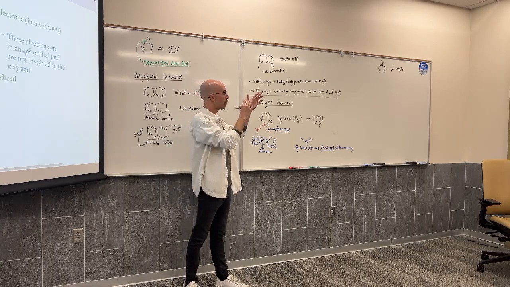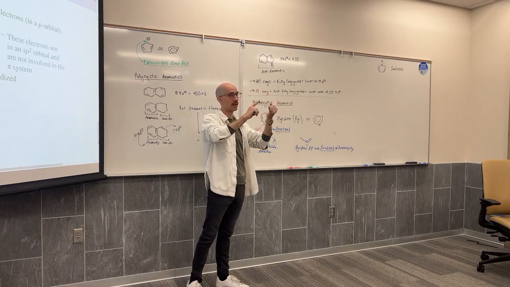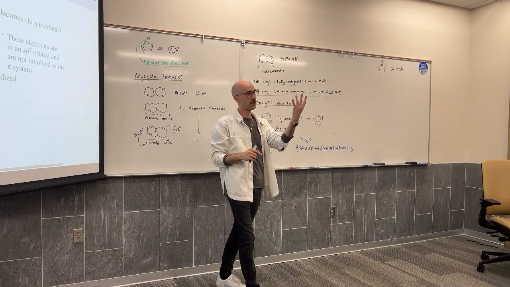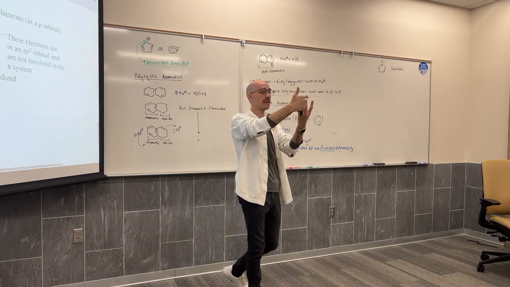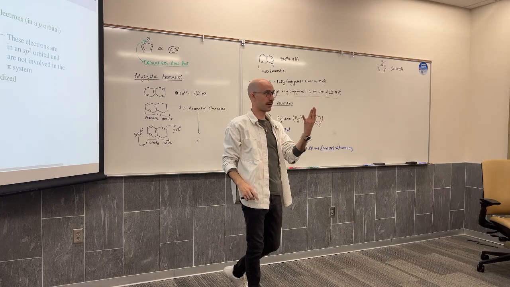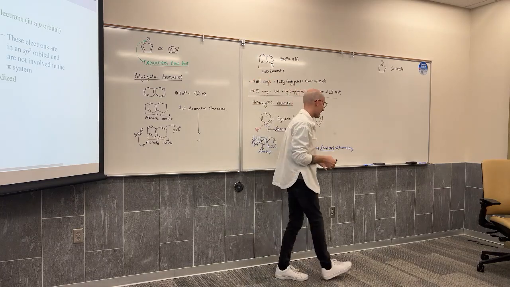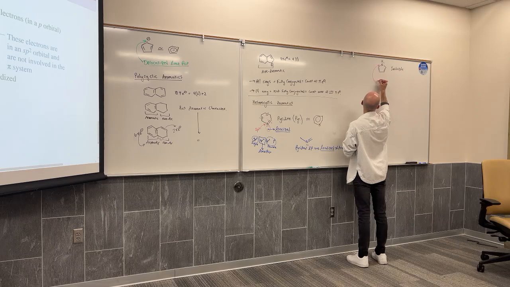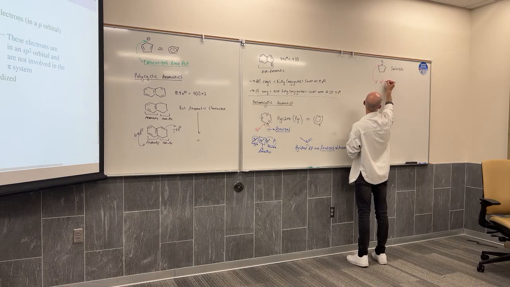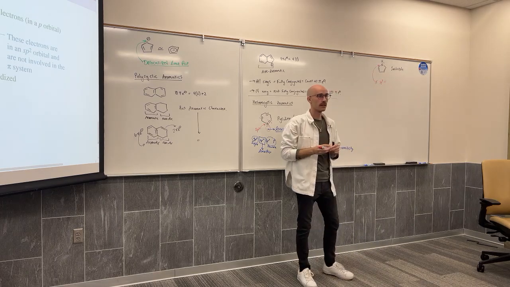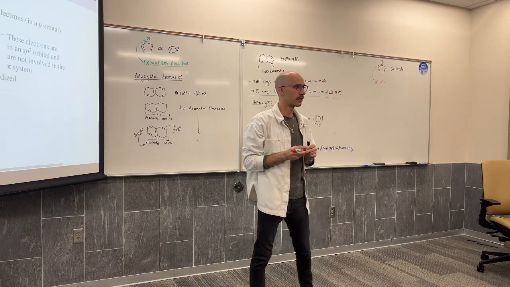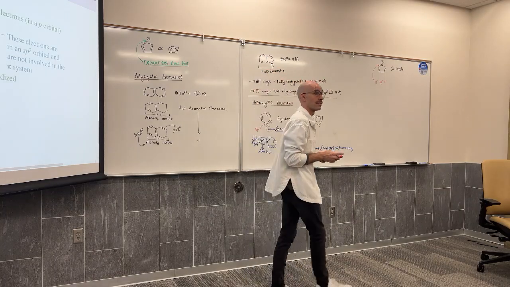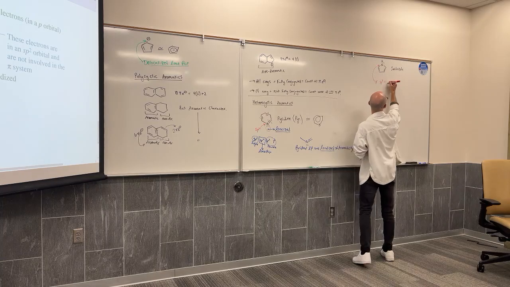And at first approach, we look at nitrogen and say 3 bonding regions, 1 lone pair region, 4 total regions, sp3 hybridized. Okay, if nitrogen is sp3 hybridized, then how is the compound labeled? Non-aromatic.